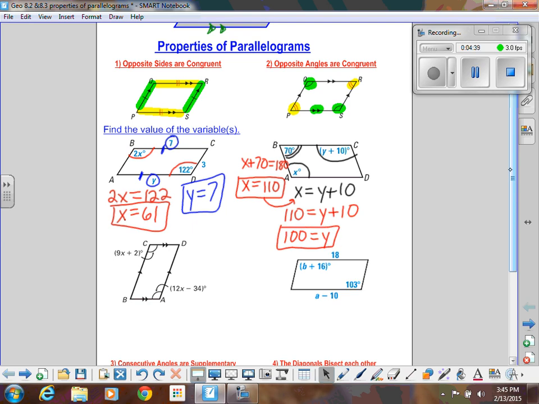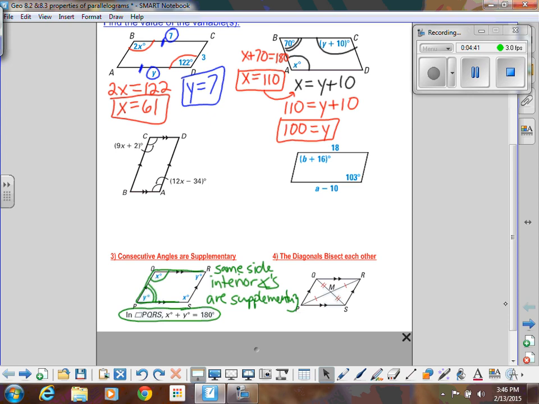All right, moving on. Let's do the next example. In this next example, 9x plus 2 is an angle that's opposite of this angle, 12x minus 34. So I'm going to set those equal to one another, and I'm going to solve. First thing I'm going to do is subtract the 9x over.